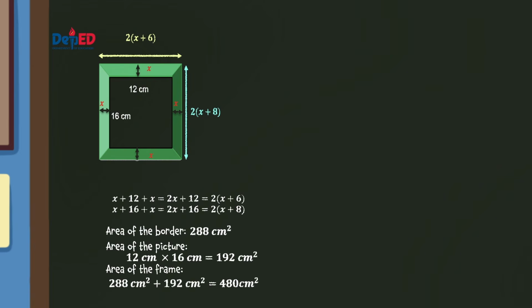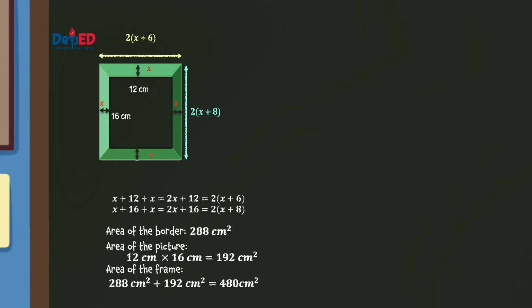The area of the border, as stated in the problem, is 288 square centimeters. The area of the picture, as described by its dimensions, 12 centimeters by 16 centimeters, is 192 square centimeters. Hence, the area of the frame is equal to 288 square centimeters plus 192 square centimeters, which is 480 square centimeters.